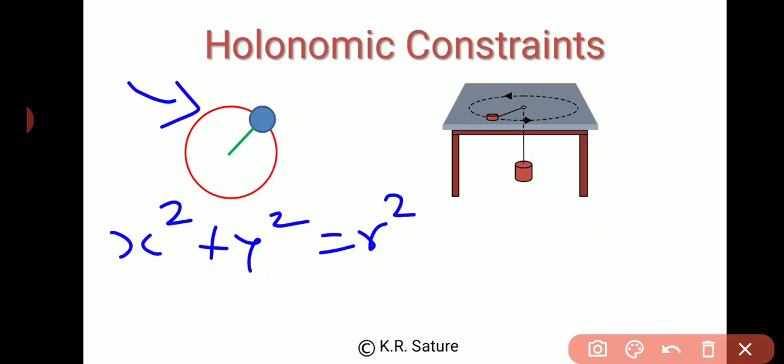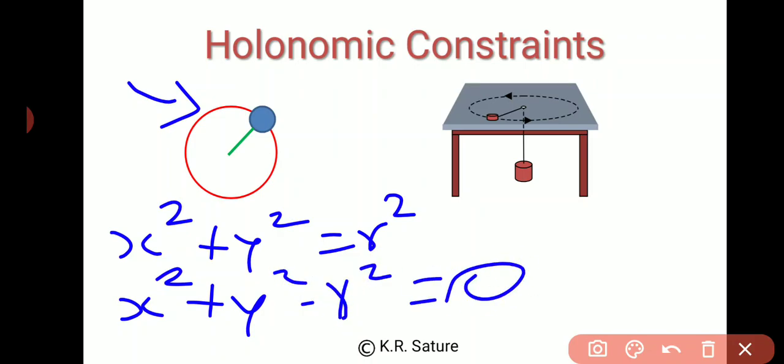So I can write it as x square plus y square minus r square equal to 0. So there is q1, there is q2 and there is one more coordinate. We can say that it is q3. The combination of all these coordinates is equal to 0.